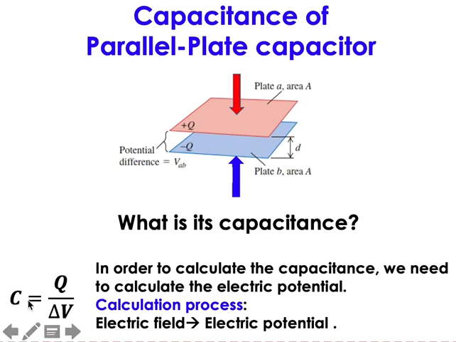We want to calculate capacitance. Firstly, we should know this electric potential difference. And then, how do we calculate it? We should know the electric field first, and then we can calculate. This is the calculation process.